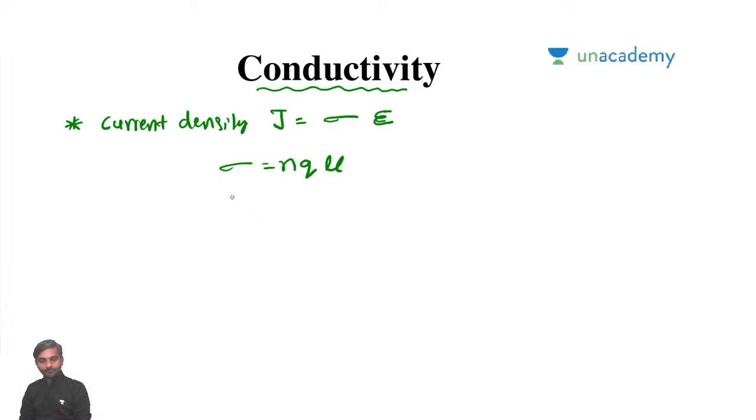But for an n-type semiconductor, what is the mu? Mu is going to be mu n, because the electron concentration will be very high.